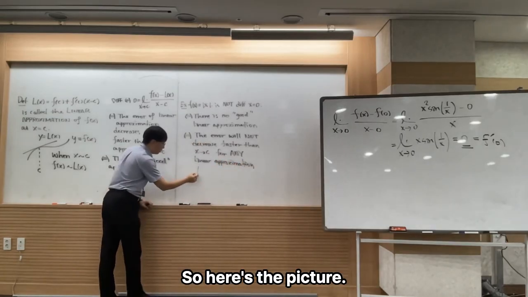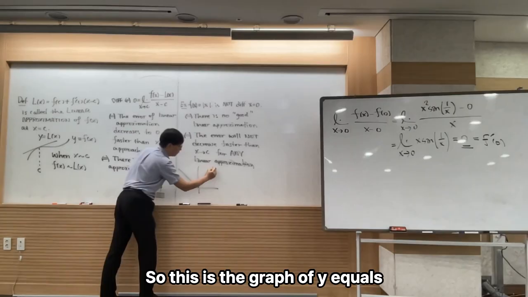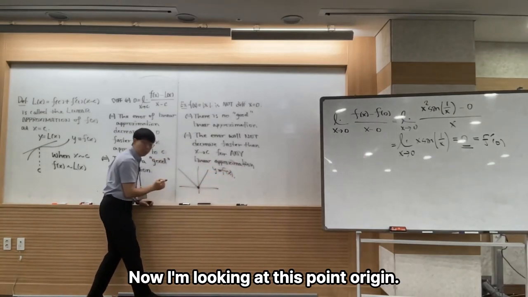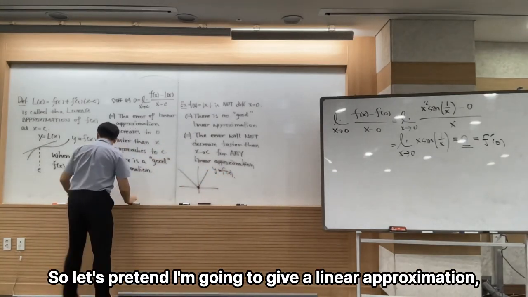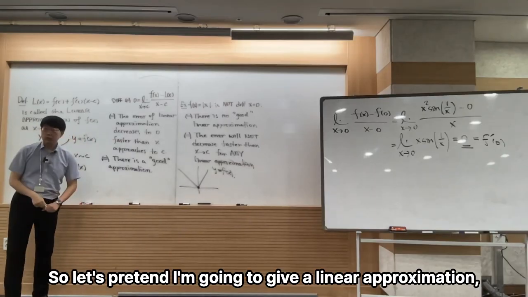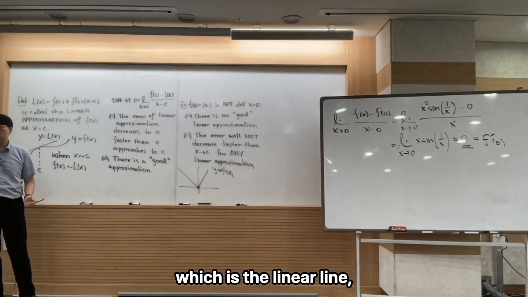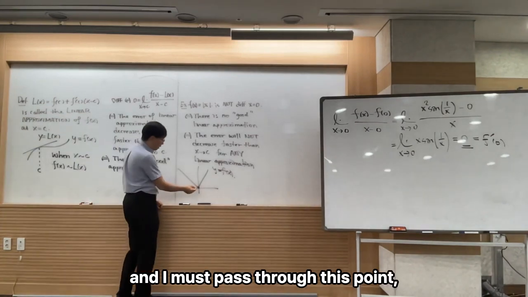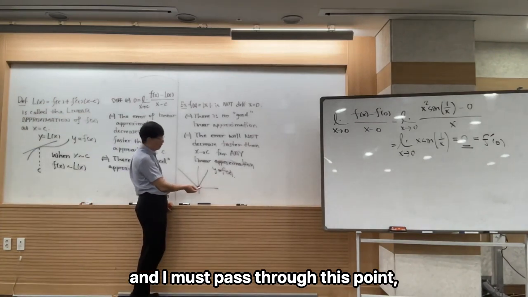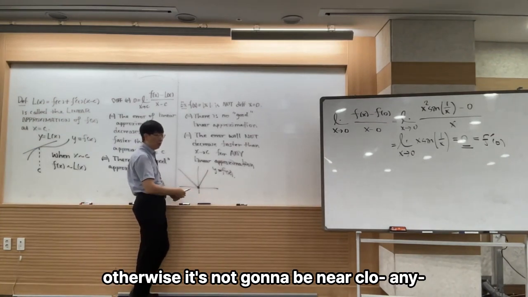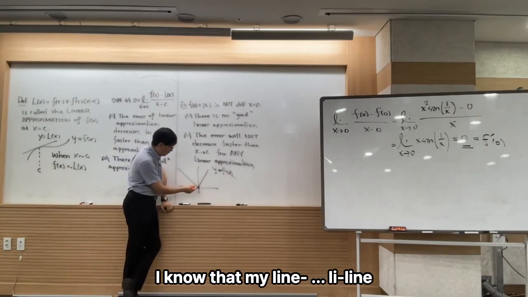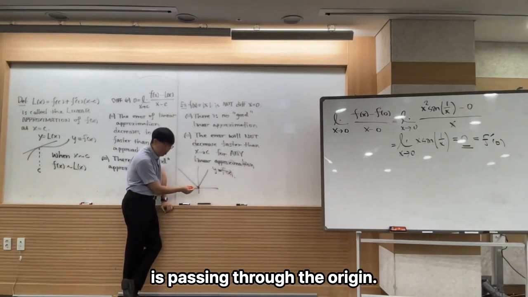So here's the picture. This is the graph of y equals f of x, and I'm looking at the origin. Let's pretend I give a linear approximation, which is just the graph of a line. It must pass through this point, otherwise it's not going to be anywhere close to an approximation. So I know my line passes through the origin.